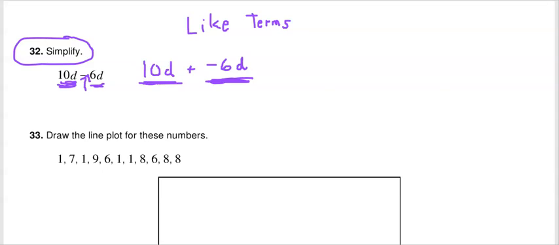So you're going to go up past the 0 and go positive 4 more places. If you make it an addition problem, you can do it a couple different ways. But regardless, no matter which way you do it, you're going to end up with 4D as your ultimate answer on this one. So that's how you would simplify 10D minus 6D.